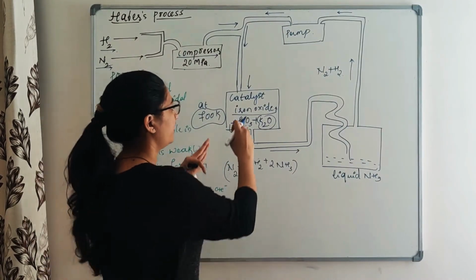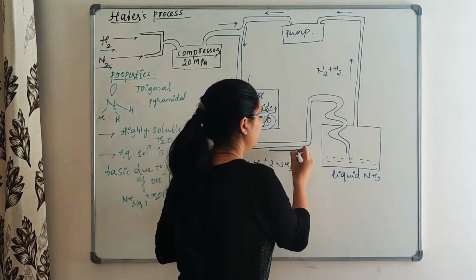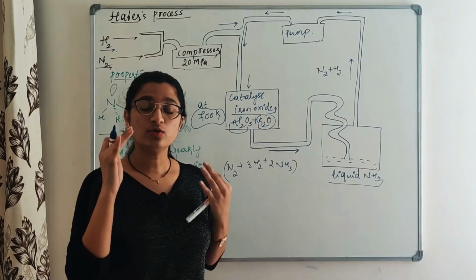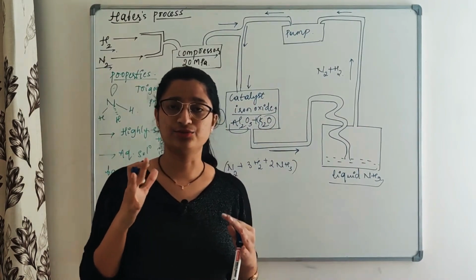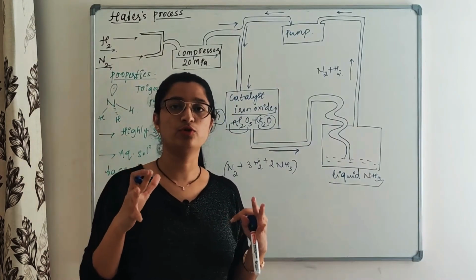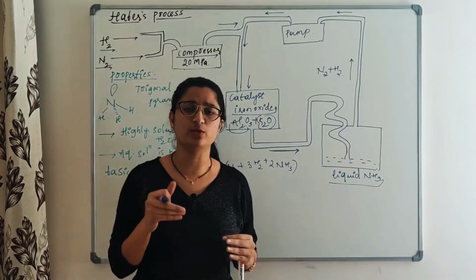Yes, we are reacting this and we are using this catalyst here. So N2 and H2 will combine and there is a formation of liquid NH3, so that we are collecting here. In the reaction there is not only NH3. All the N2 and H2 molecules will not react to form NH3, so there will also be some amount of N2 and H2.